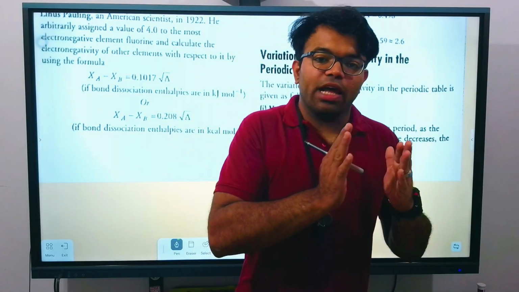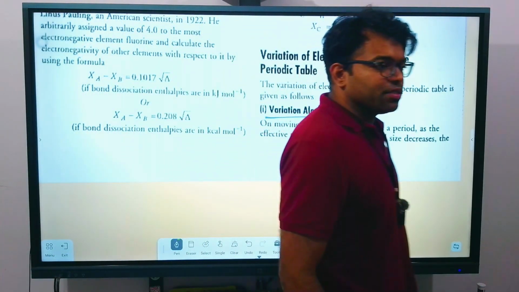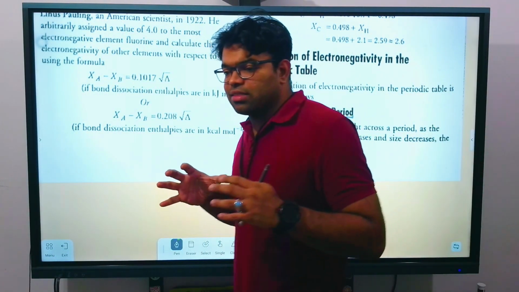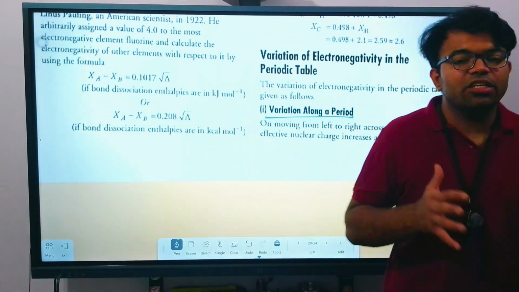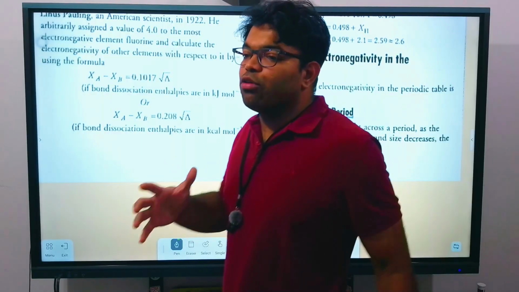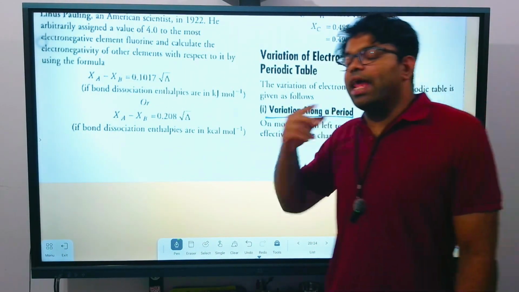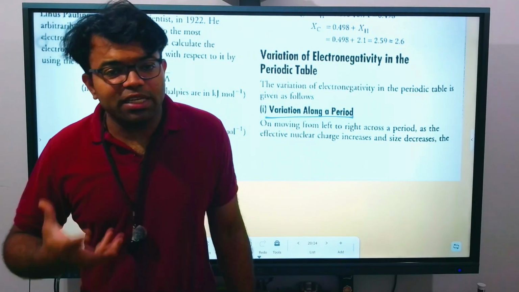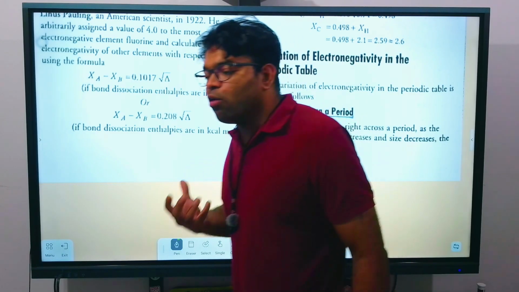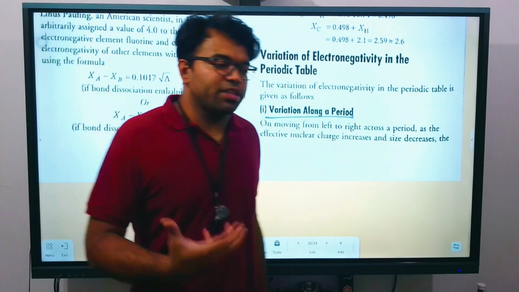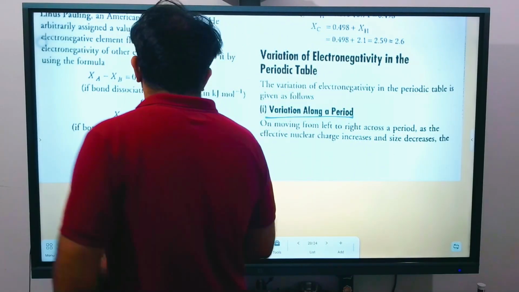So we know that as we go from left to right along a period, the radius decreases. Not only that, the number of protons in each and every element as we go from left to right also increases. So the effective nuclear charge is increasing as we move from left to right, and this allows us to say that the electronegativity increases as we go from left to right.